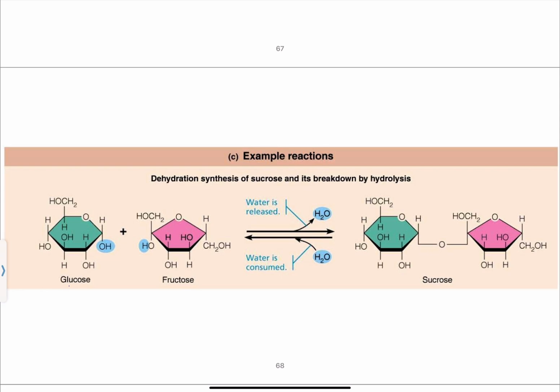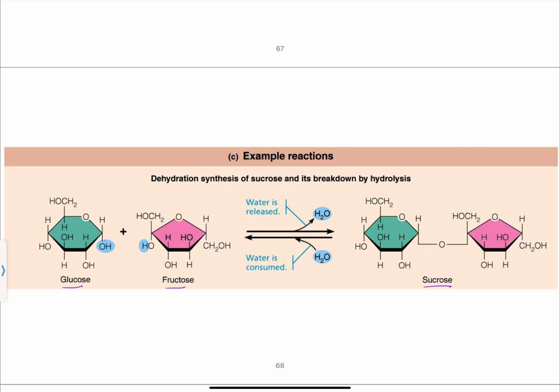So we have 2 monosaccharides right here, and we're building a disaccharide, so a larger molecule. Anytime we take those monomers, again, from any of those macromolecules, and we're making something larger or we're trying to link those monomers together, it's always going to be a dehydration reaction. Why is it dehydration? Because we're actually removing water from the 2 monomers, so dehydration.